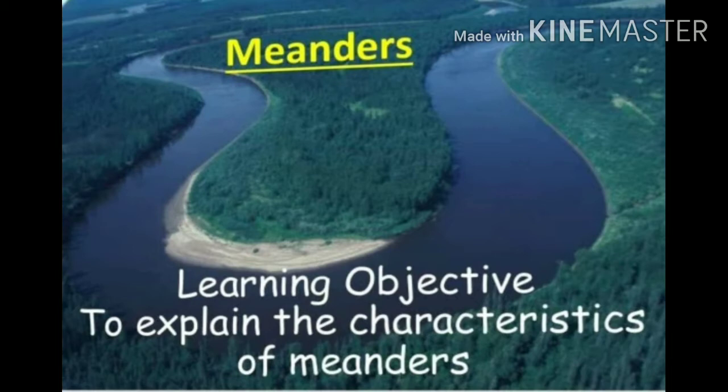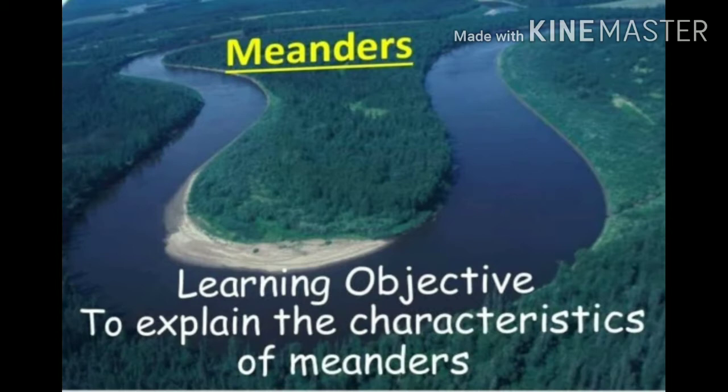As the river enters the plains, it twists and turns, forming large bends. These bends are known as meanders. The word meander is derived from the name of a small winding river, Meanders, in Turkey.